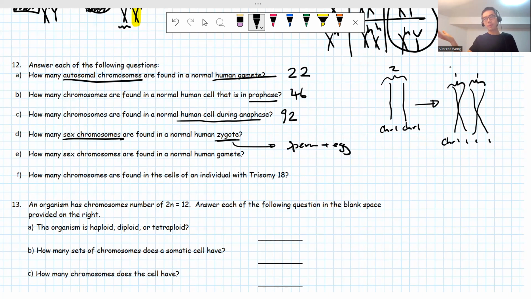The egg will always carry an X and the sperm will carry X or Y. When they come together, there will be 2 sex chromosomes in the zygote, XX or XY. How many sex chromosomes are found in normal human gametes? Just 1. This one is XX or XY, and this one is X or Y.